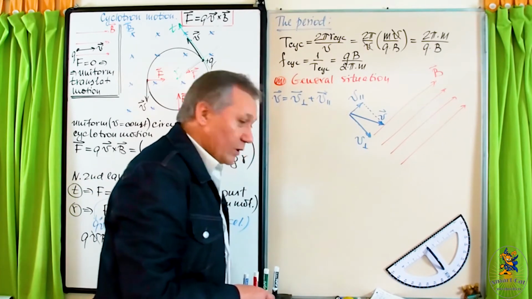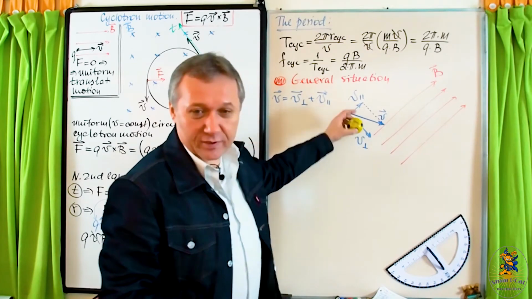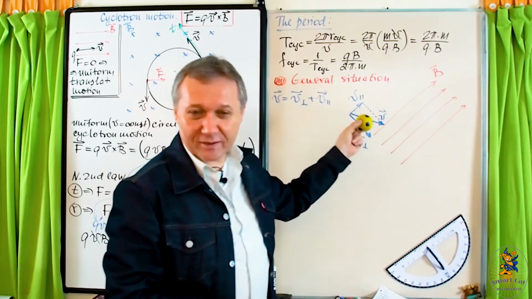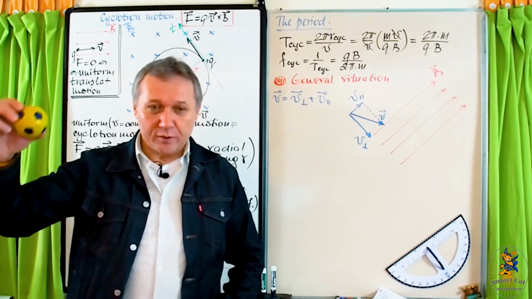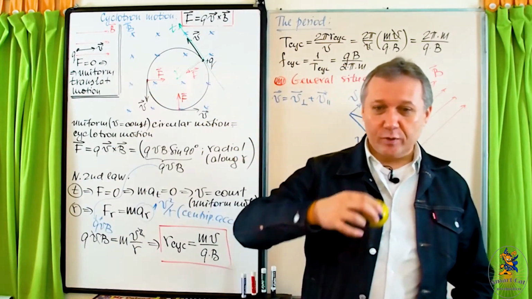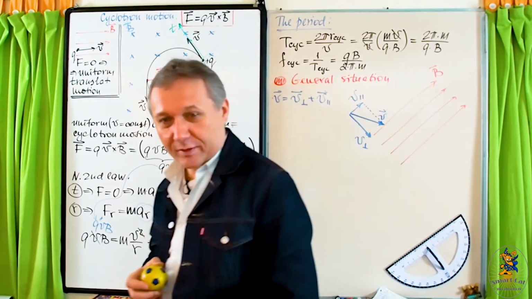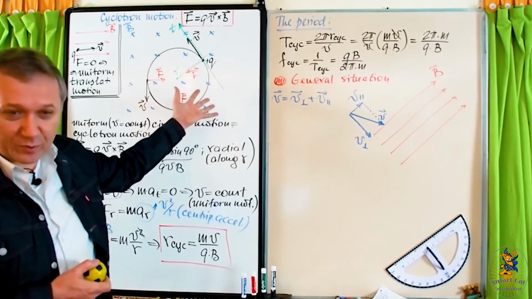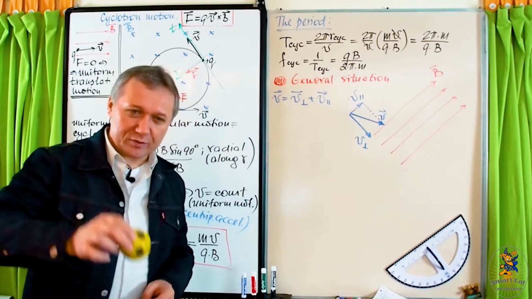If we superimpose these two motions, translational motion plus circular motion around magnetic field lines, what are we going to get? We're going to get helical motion. So if you superimpose uniform translational motion with uniform circular motion, you get helical motion.